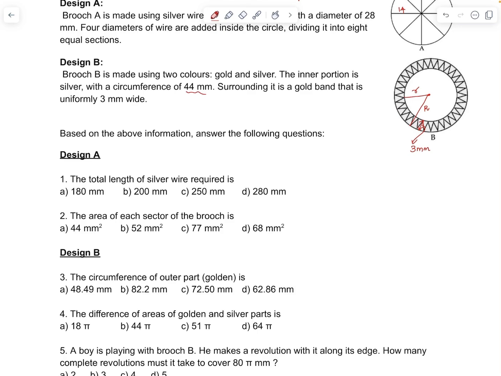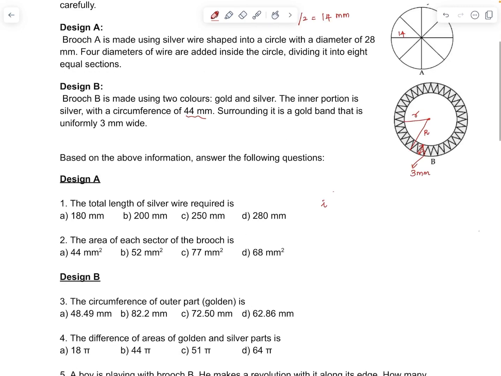The first question: the total length of the silver wire required is. To get the total length, we have to add the circumference of the circle plus 4 times the diameter, which is 2 pi r plus 4 into 28, 2 times 22 by 7 times 14 plus 112.